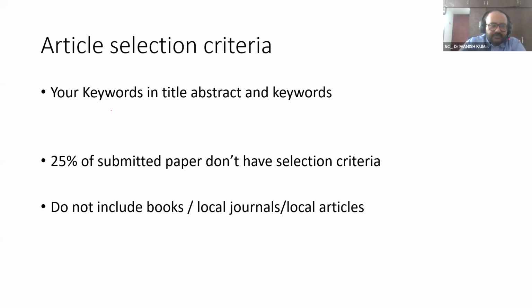It was a good research paper on the basis of bibliometrics, but they had included books also, local journals, local articles, and conference papers. If you are writing a research article which is a review article, you should avoid including articles from books, from local journals, or from conference papers. All these things you should avoid. You should only focus on published journal articles.